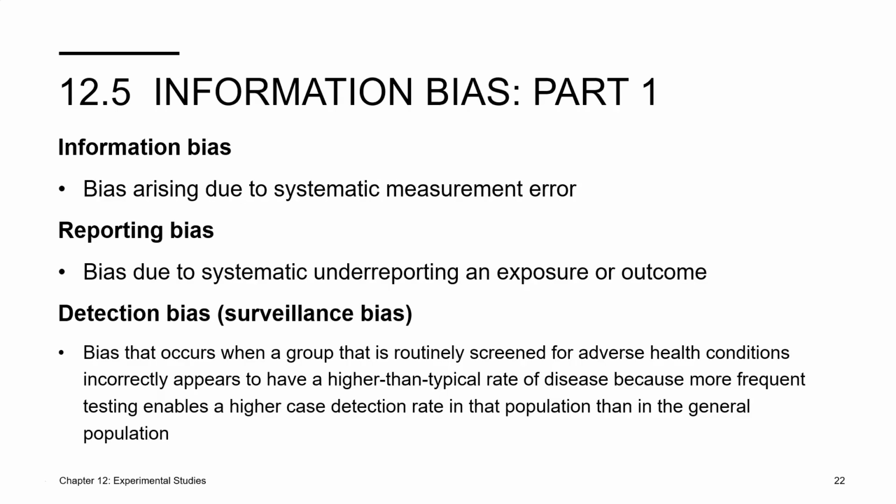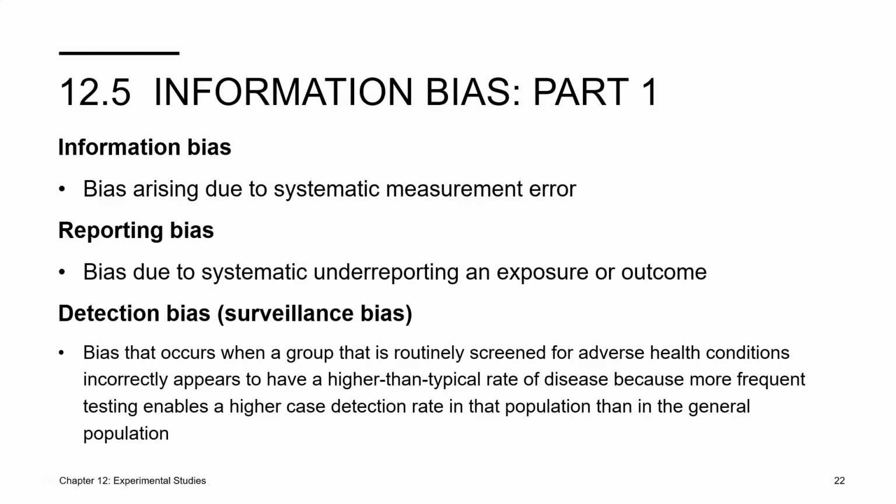Some of the other biases that may occur in this type of study design, which you want to try to reduce if you're ever doing this type of study, include information bias, reporting bias, and detection bias. Information bias is any bias that arises due to systematic measurement error. Reporting bias is any bias due to systematic underreporting of an exposure or an outcome.